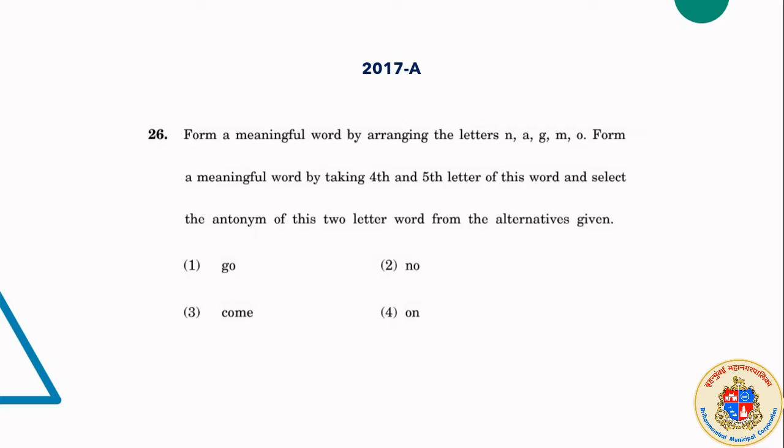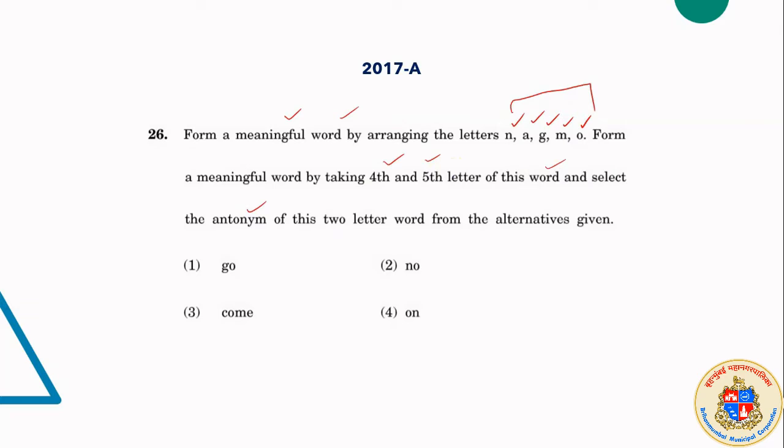Here the question is, form a meaningful word by arranging the letters N, A, G, M and O. We are asked to make a meaningful word using these letters. And afterwards, from that meaningful word, taking the 4th and 5th letters of that word, select the antonym of these 2 letters.